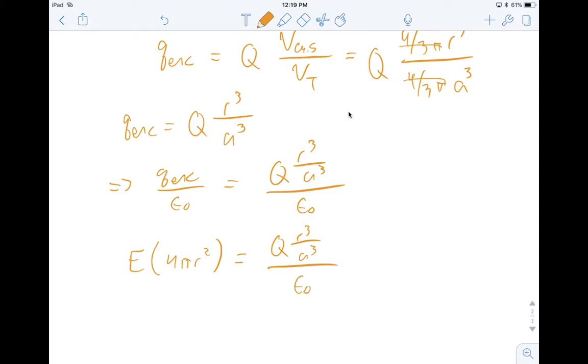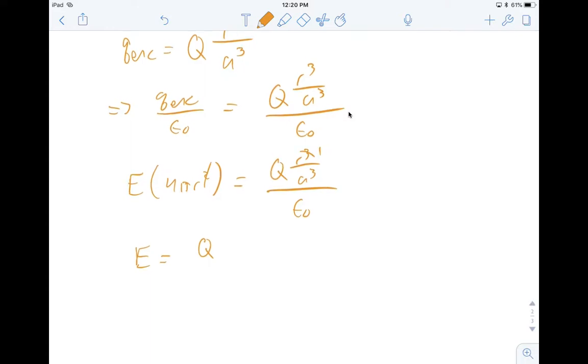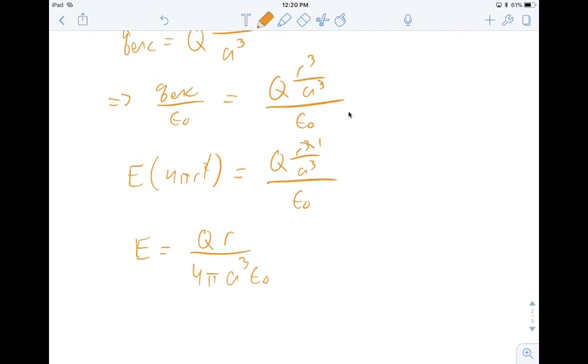Solving for E, 2 of those r's cancel, so we're just left with 1, and we get Q r divided by 4 pi A cubed epsilon naught. That's the electric field when r is less than A.